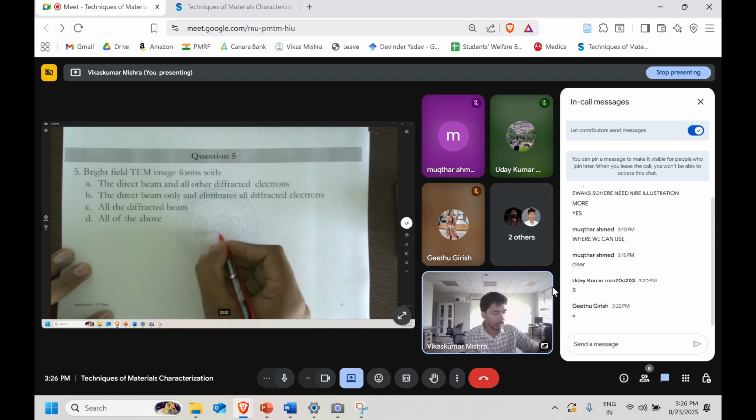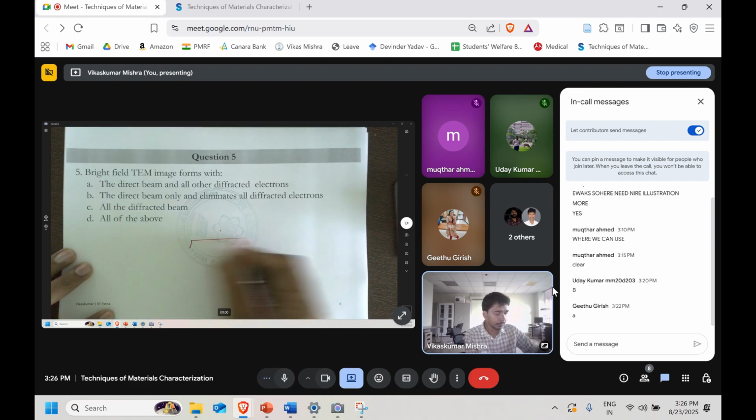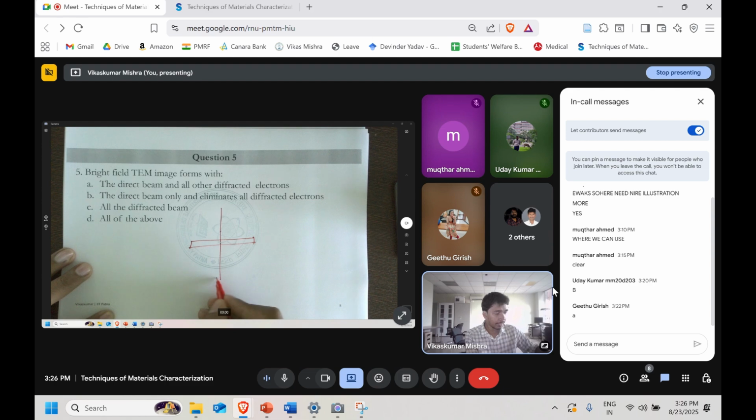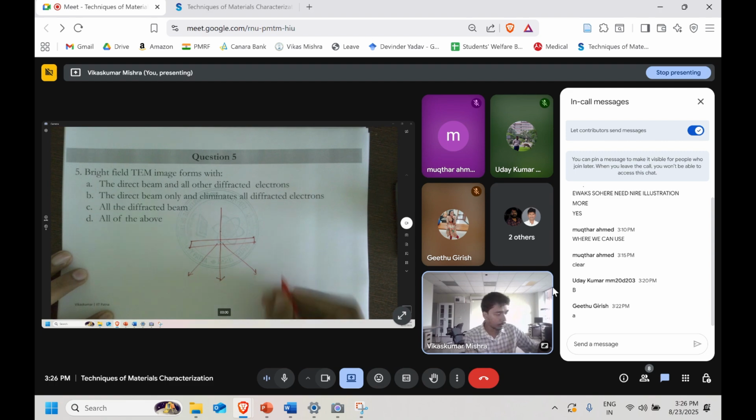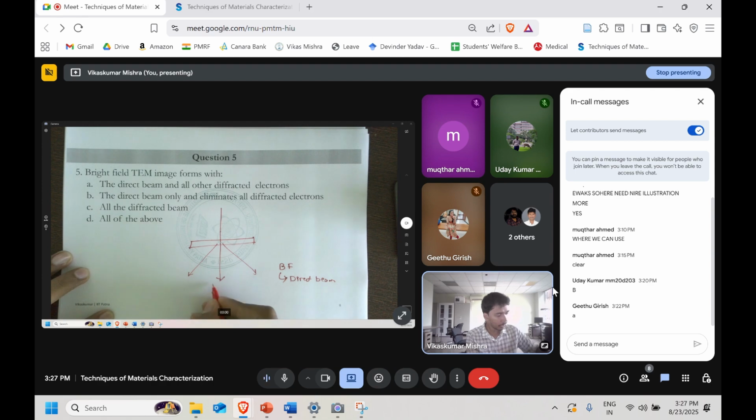See, this is our specimen. The electron beam is going. One beam directly penetrates through the specimen and passes. A few of them will diffract and go in a different direction. For the bright field, we are only using the direct beam. That is this one.